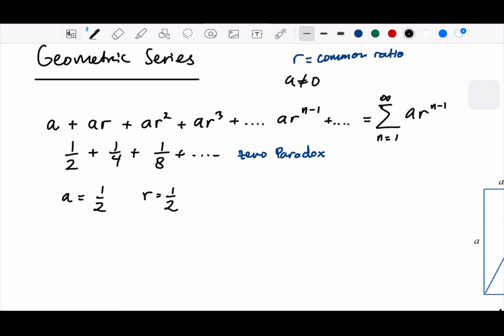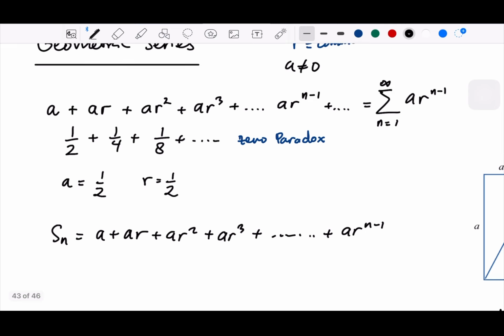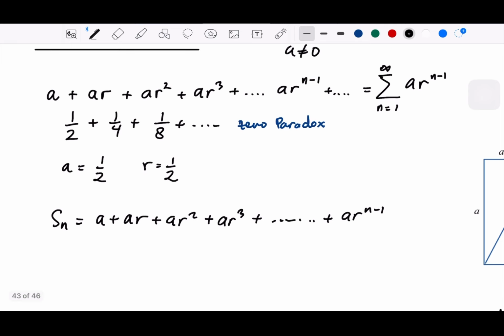And we could write the partial sum. We could write Sn as A plus AR plus AR squared plus AR cubed plus up to AR to the n minus 1. Okay.